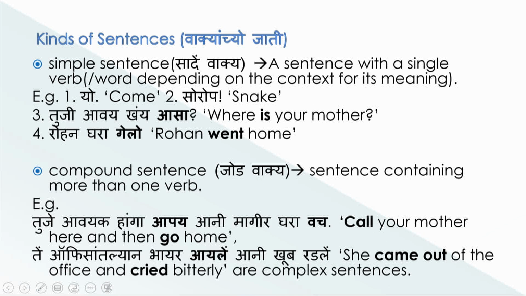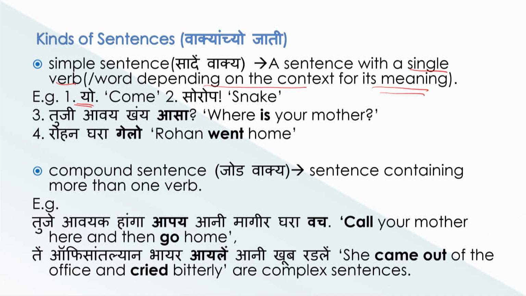There are two major kinds of sentences based on how many verbs are there in the sentence. The simple sentence is a sentence which has a single verb or a one-word sentence, as I have told before. This one-word sentence depends on the context for its meaning. Otherwise, it is mostly a verb. So whenever there is a single word sentence, it will be mostly a verb.